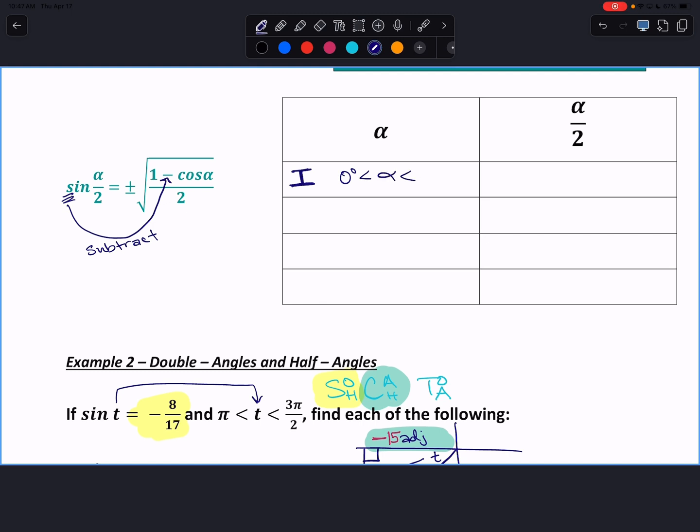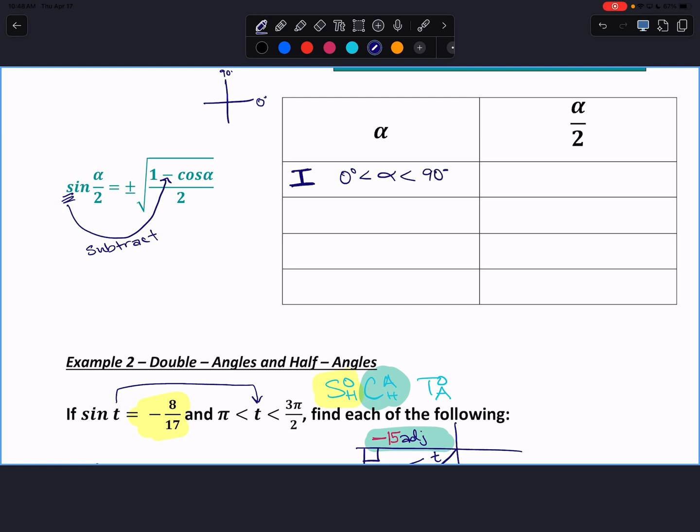first quadrant, y'all. First quadrant. Let me draw a picture right here. It's between 0 and pi over 2, or in degrees, because y'all like degrees better, 90. So between 0 and 90, okay?